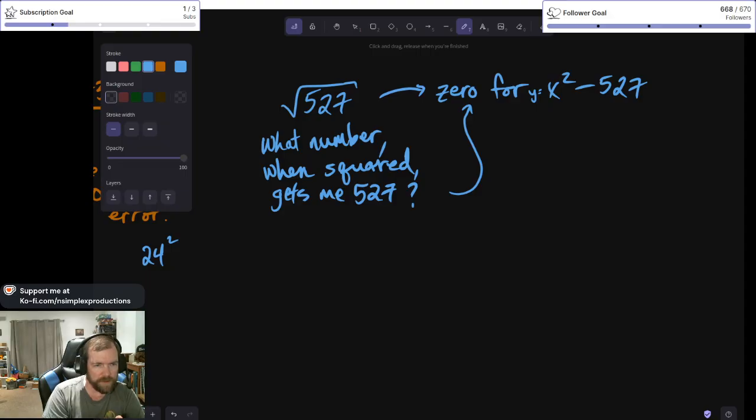It's going to be 400. 80 is 160, so that's 560, 576. 23 squared. 469. No, 529. Ooh.